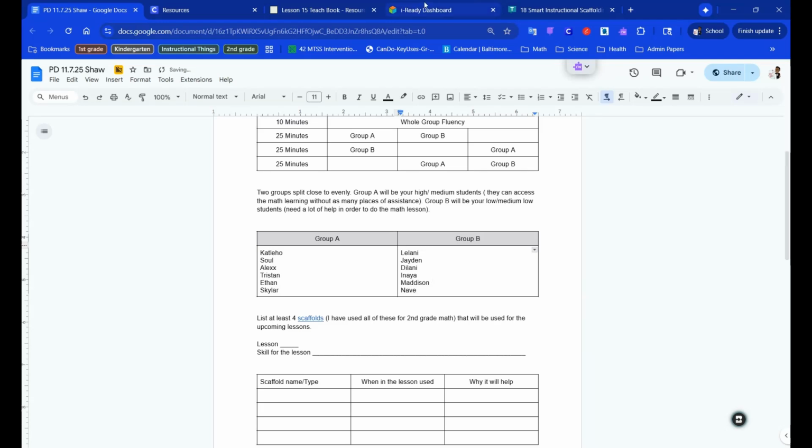You also have your observational data that you can use as well. Nevaeh, Anthony.